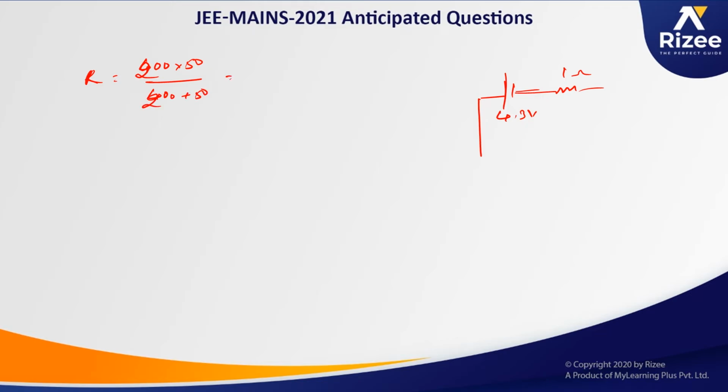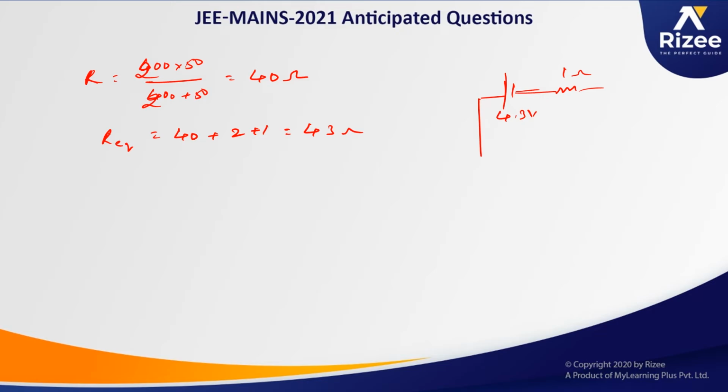Solving this, you get R to be 40 ohms. This is across the voltmeter, and your net equivalent resistance can be written as 40 plus 2 plus 1, that is 43 ohms.